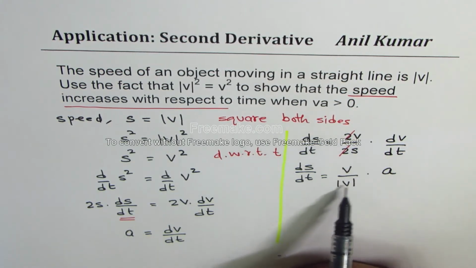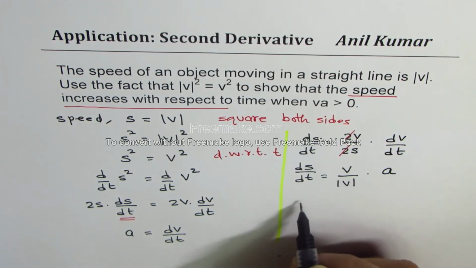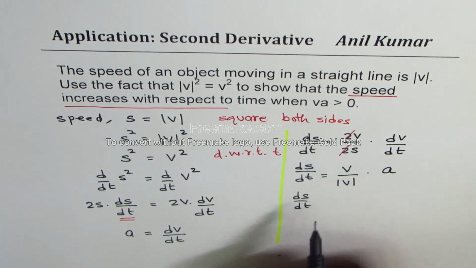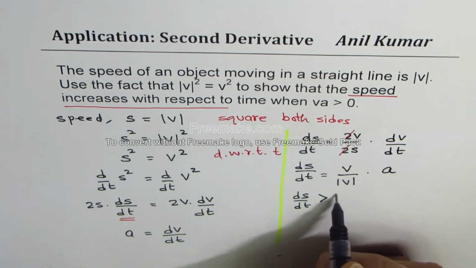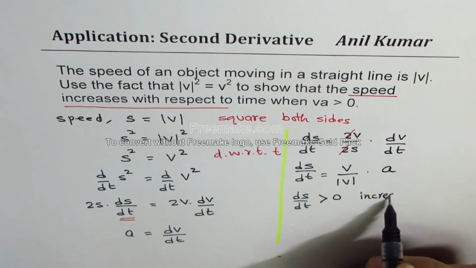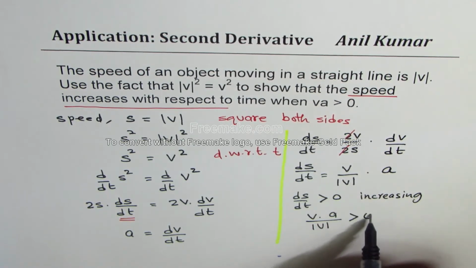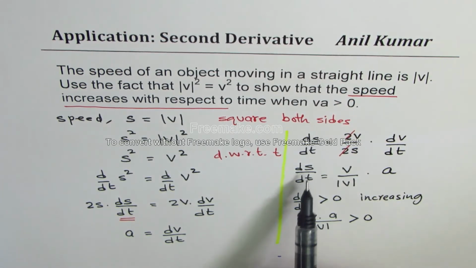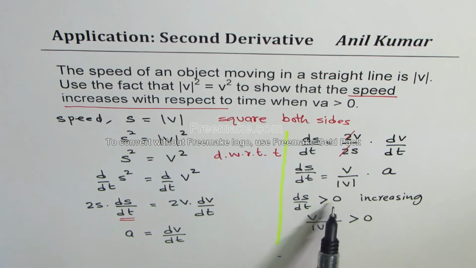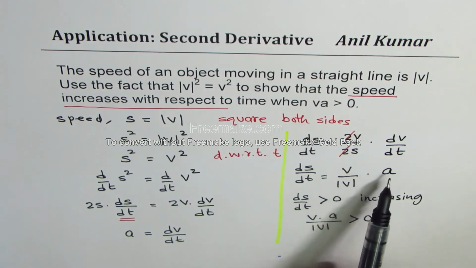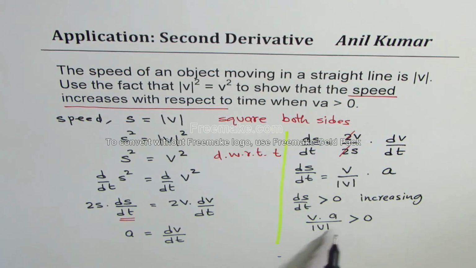Now the absolute value of v is always positive, right? So we know that if I want ds/dt to be increasing, that means greater than 0, v times a divided by the absolute value of v should be greater than 0. Perfect. If I want ds/dt to be increasing, that is ds/dt greater than 0, that is increasing speed with respect to time, then v times a divided by the magnitude of v is greater than 0.